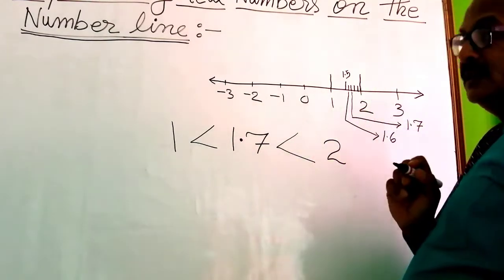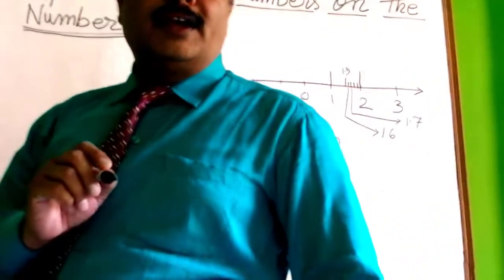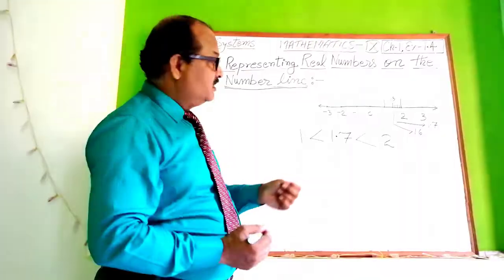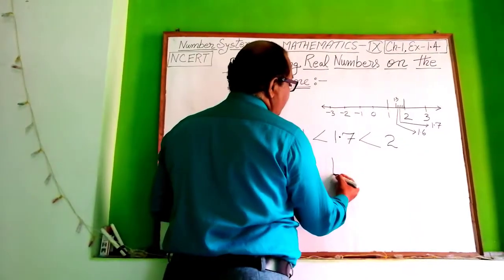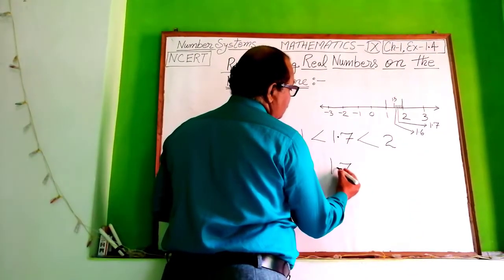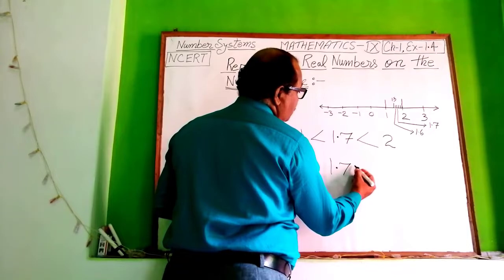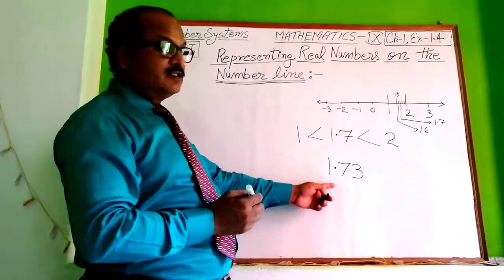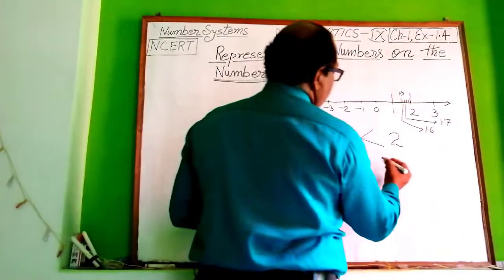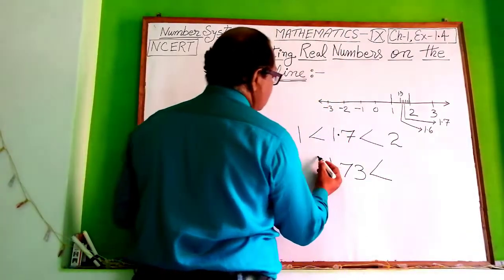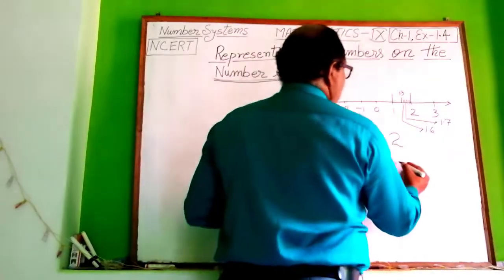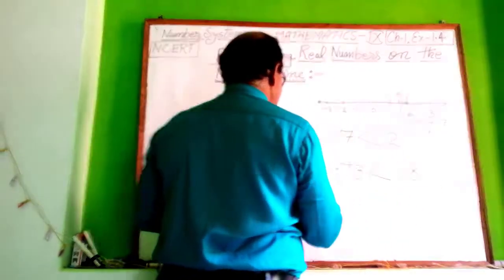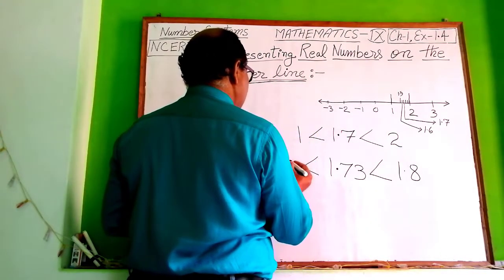So you can locate. Students, sometimes we want to represent little bigger number. Suppose you want to represent 1.7 and one more number. So what you will do for representing this number? You can see this number lies between 1.8 and 1.7.